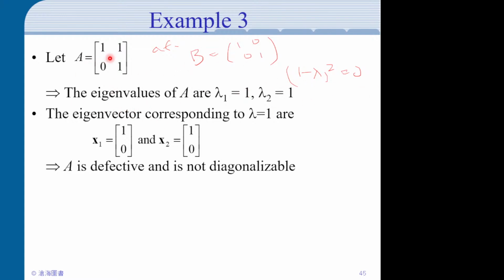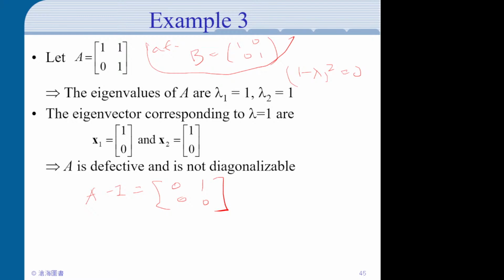But those are different things. So let's finish the calculation for A. You have eigenvalue equal to 1, and when you want to calculate the eigenvector, you have A minus I equal to the matrix 0, 1, 0, 0.